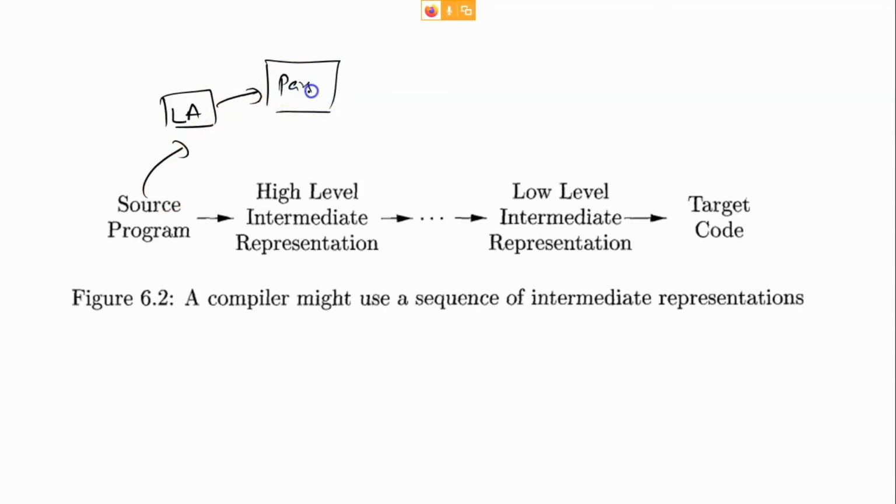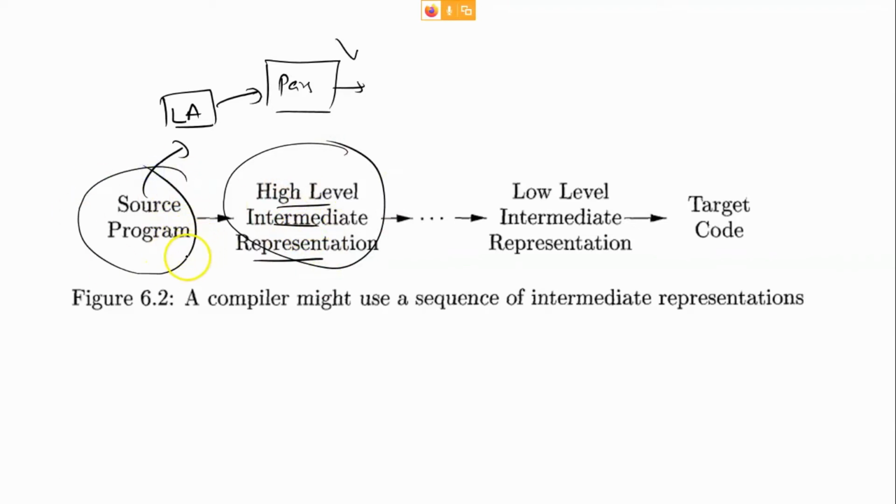The parser will make a syntax tree here. That syntax tree that the parser makes is itself an intermediate representation. These are called high level intermediate representations, because the source program is written in some high level programming language, C language, Java language, whatever.